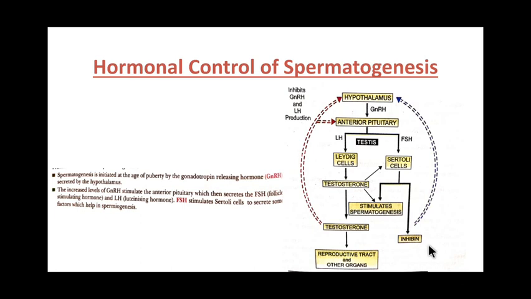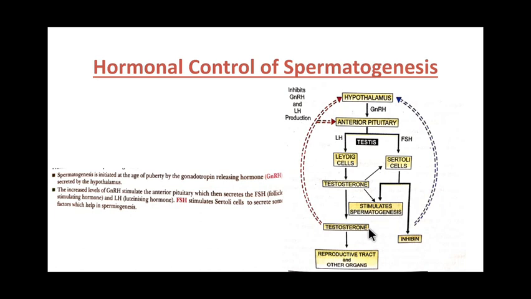Now this rising level of testosterone suppresses the gonadotropin releasing hormone from the hypothalamus. Under the control of FSH and testosterone, Sertoli cells also secrete androgen binding protein, which gets concentrated in the seminiferous tubule.